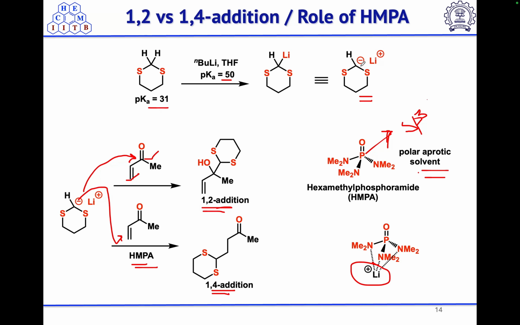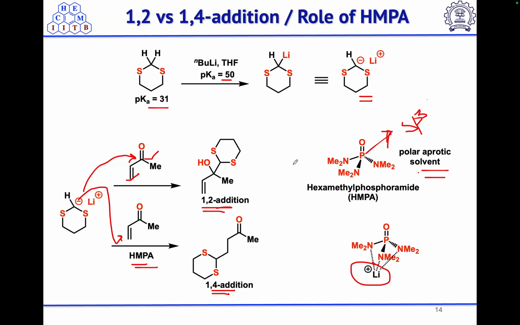So that's why the nucleophilicity of the carbanion becomes more, and it can easily add at the beta carbon. This is the role of HMPA in the 1,4 addition reaction for this 1,3 enone case. I guess you have got an idea of the role of HMPA.